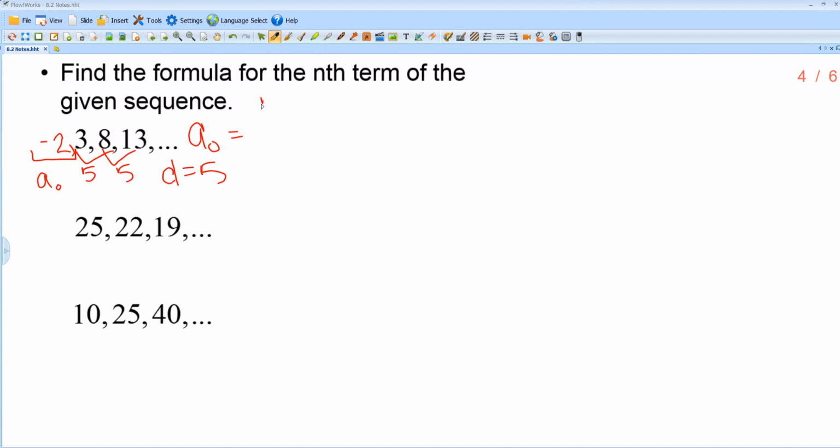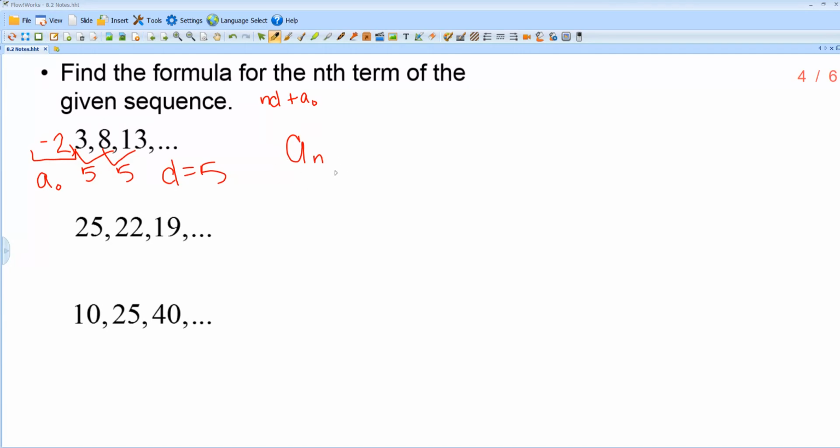Our formula for this is n times d plus a sub 0. Sorry, this says a sub 0. Let's erase that. I'm just going to move it over here, but it's going to say a sub n, because I'm looking for a sub n. Oh, now I remember why I had a sub 0 though.